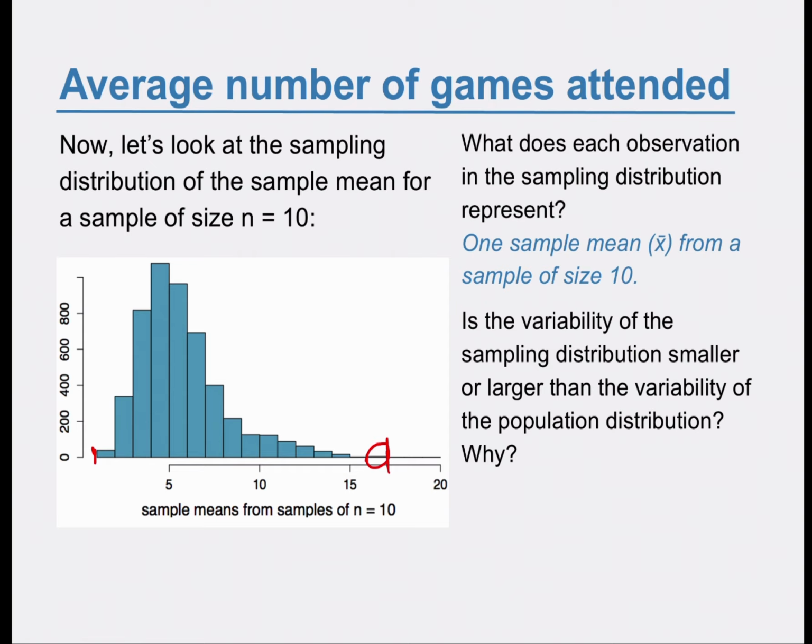And if we could put this on the same scale, we would see that these are closer together, right? Sample means will vary less than individual observations, because when you take a sample and you calculate the mean, those higher values and those lower values will balance out and give you a mean closer to the population mean.